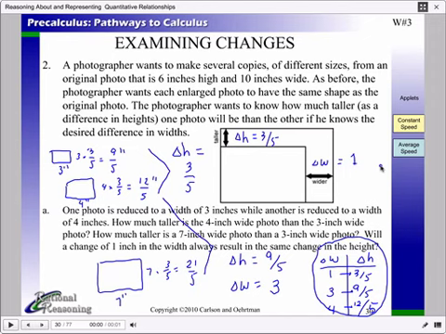So that ends up having the same proportionality constant as our original quantity. So if something is proportional, like height and width are proportional, now change in width and change in height are also proportional with the same constant. We're going to get there.